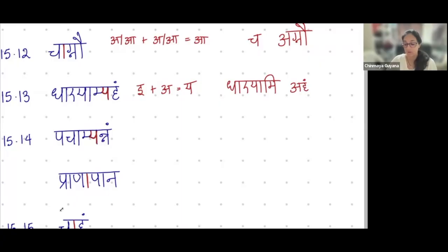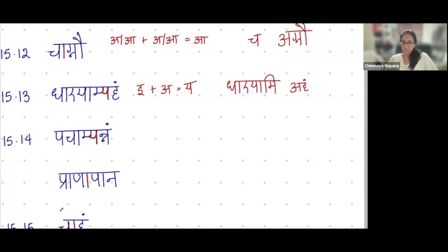You may not know what dharaya means, but you should know what ami means. Ami means what? First person singular. And aham matches there. Look, you could have understood that one. Aham dharayami, first case singular, matching first person. Okay, cool.